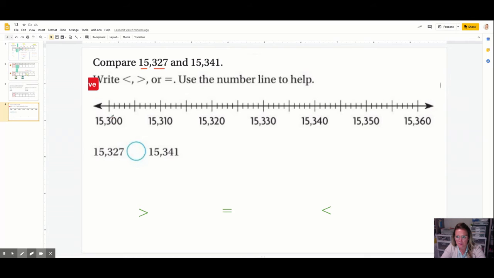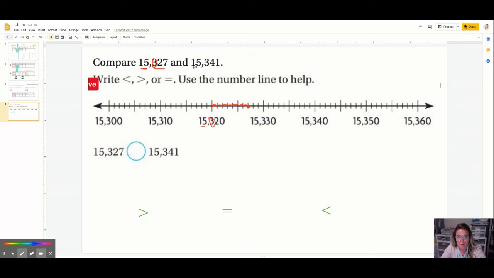So I need 15,310, 20. Here we go. So this is 15,300 is here, and now I'm in my 20s. 27. So I need to move from here 7 over. 1, 2, 3, 4, 5, 6, 7. Okay. Here is where my 15,327 is on the number line.